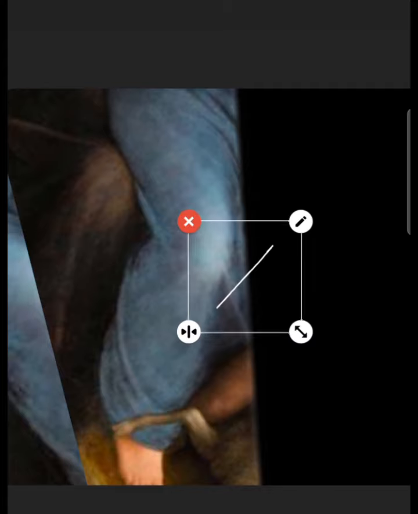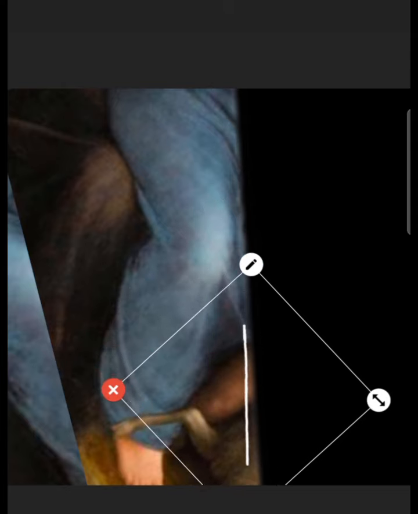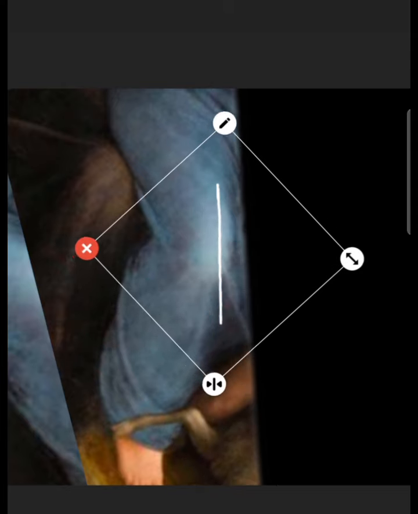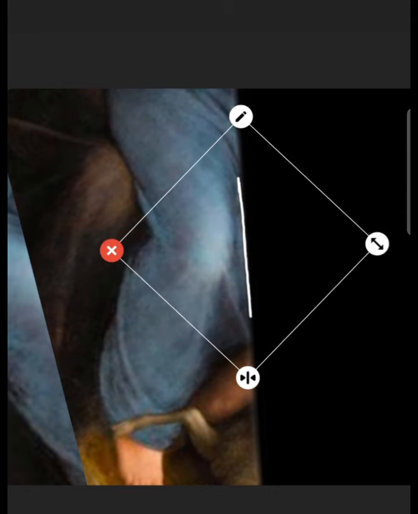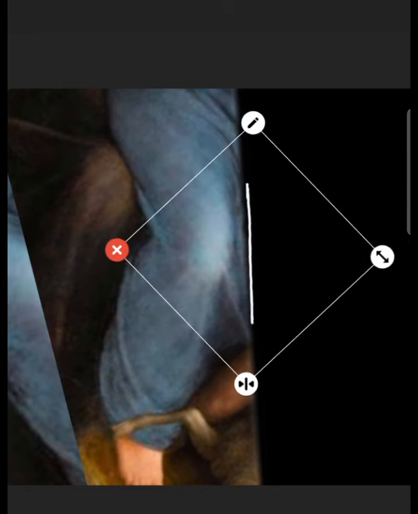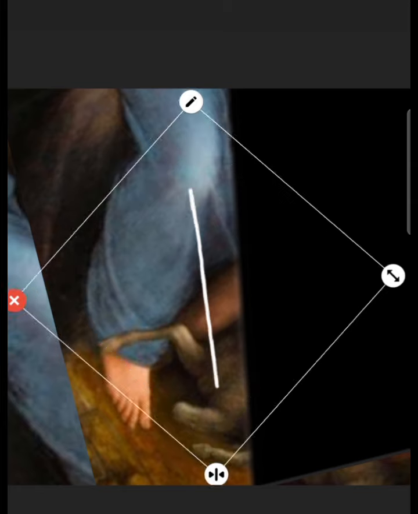So this part right here, there was a line placed right here. You see that line? So what I did was I just placed this barrier to show the connection and how it lines up. You see how it lines up?